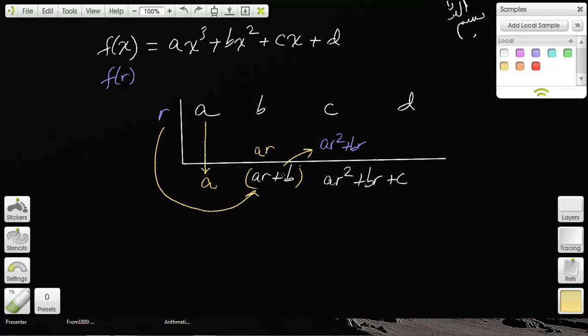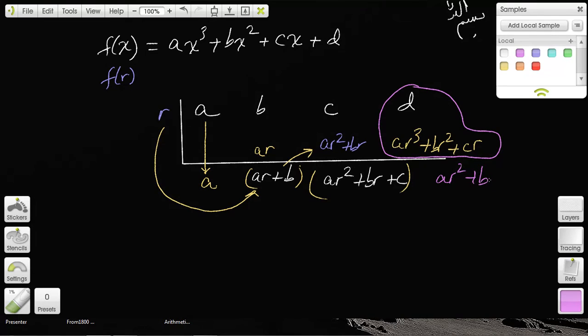And then let's do that. So multiply this by r, I would get ar cubed plus br squared plus cr, and then I would add those two. So now I get ar cubed plus br squared plus cr plus d.